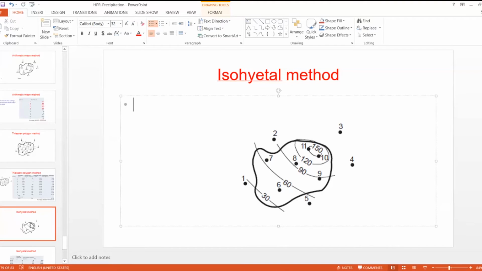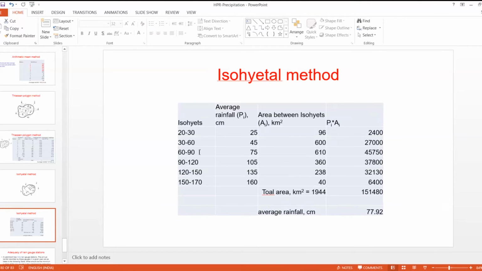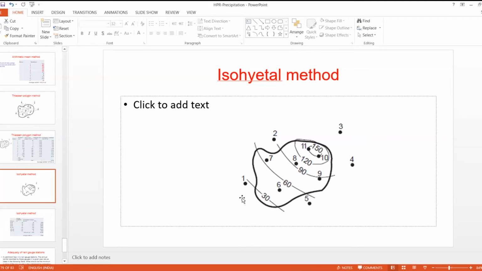So let's look at the table for better understanding. Now we have drawn isohyets of 20 centimeter, 30 centimeter, 60 centimeter, 90 centimeter, 120, 150, 170 rainfall. You see here, 20 will be somewhere here. Then the area between the 20 contour and the 30 contour is this area.